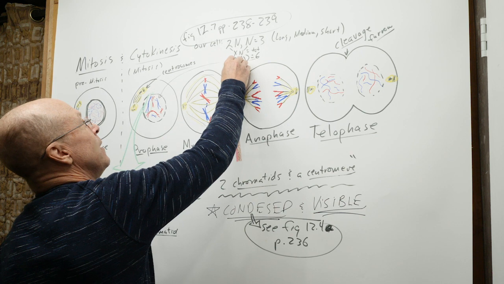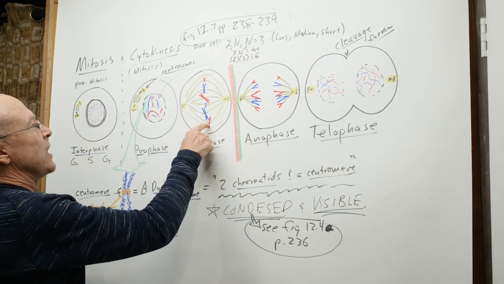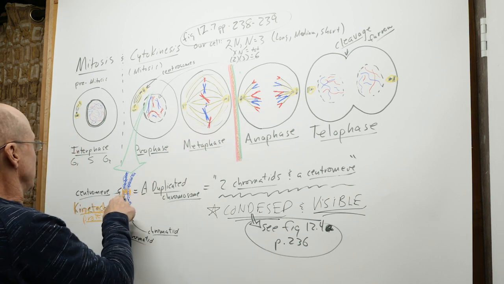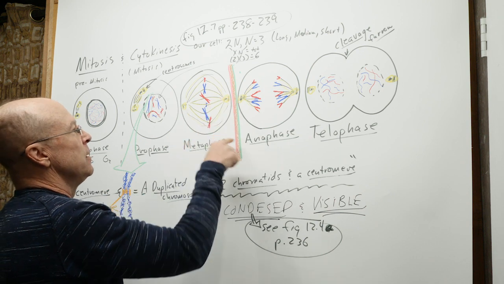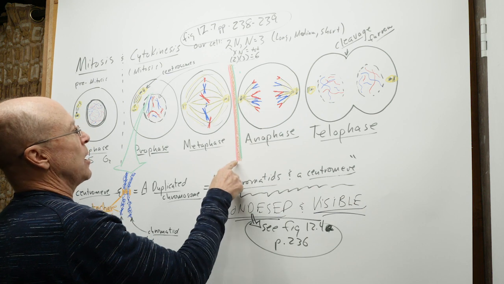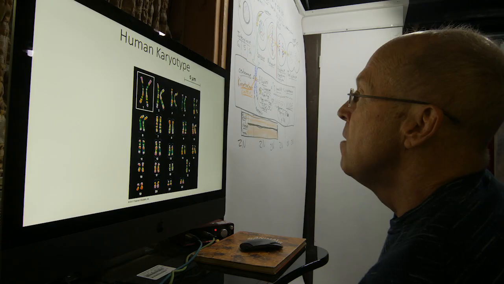The key to that green light was connecting each one of these duplicated chromosomes at their centromeres to the spindles. When they're connected to both poles, then it moves on. So this is a very important checkpoint. I've just color-coded it so you can remember that from the earlier lecture.